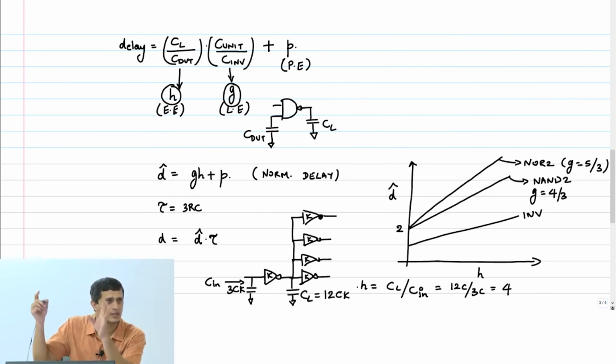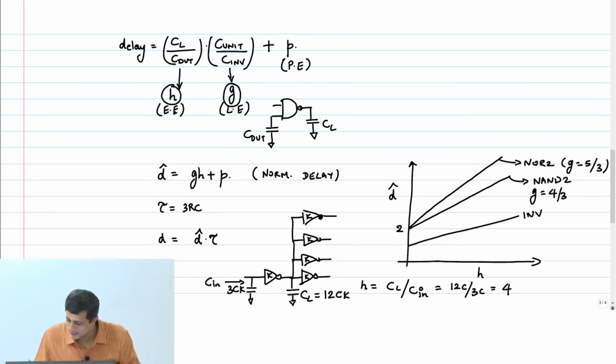Other things are just constant irrespective of the gate size. So if you write this, you will find that the H will be 12 kC by 3 kC, that's again equal to 4.